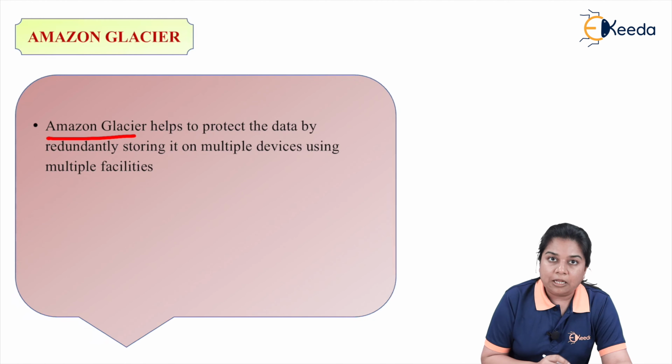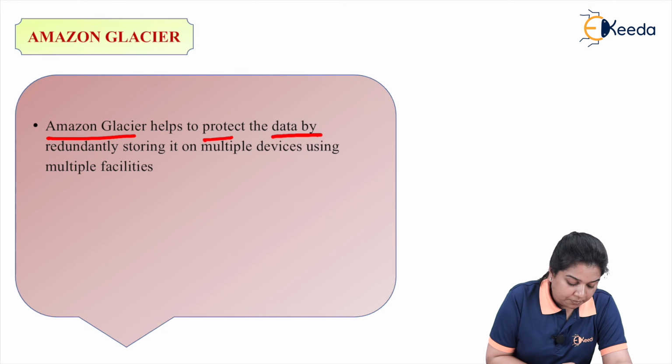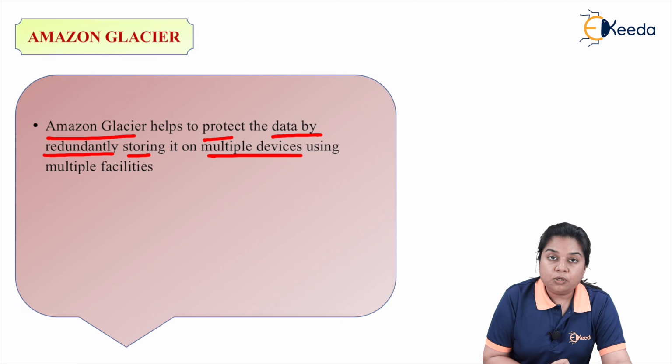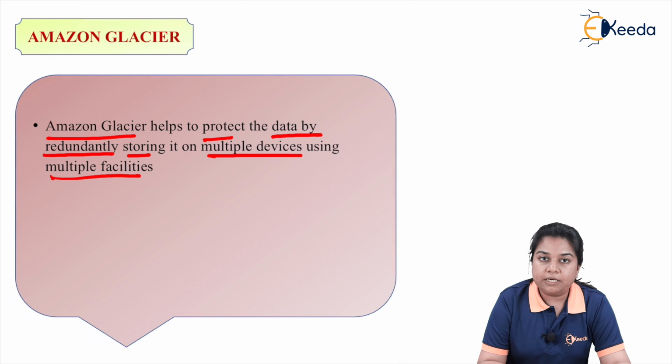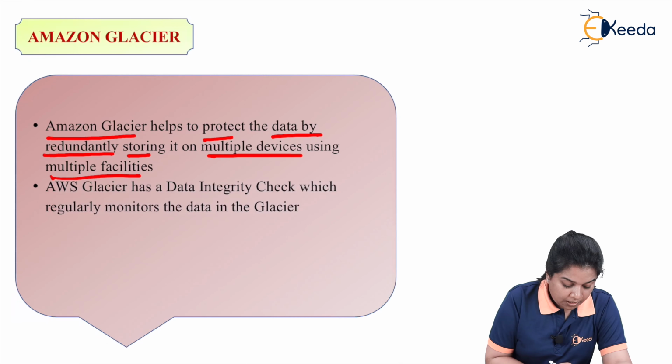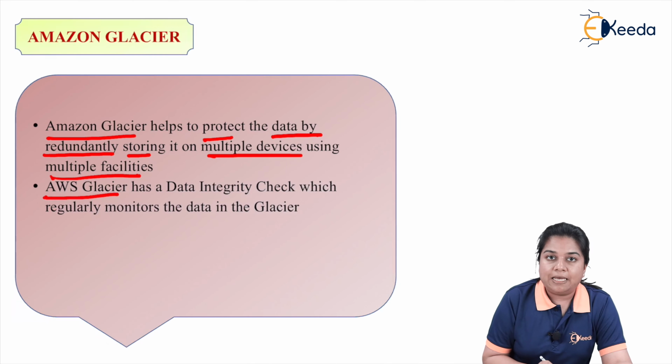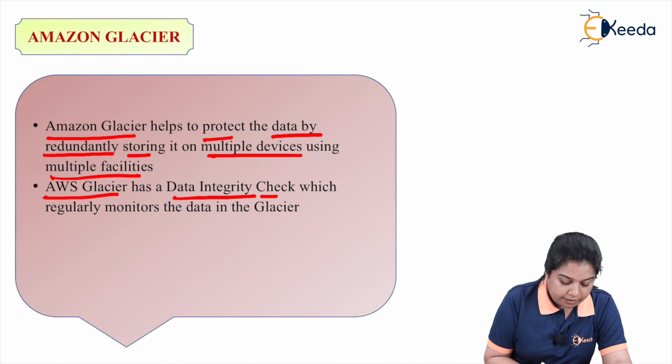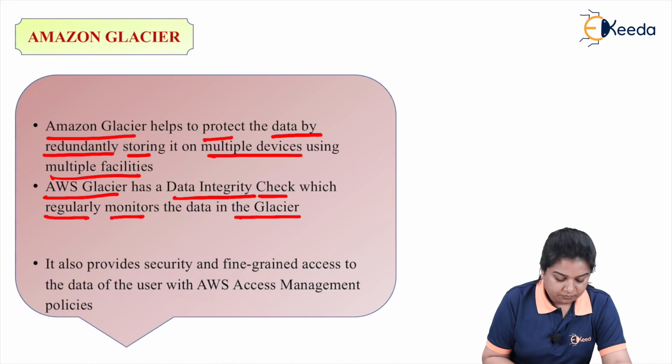Amazon Glacier helps to protect the data by redundantly storing it on multiple devices using multiple facilities. AWS Glacier has a data integrity check which regularly monitors the data in the Glacier.